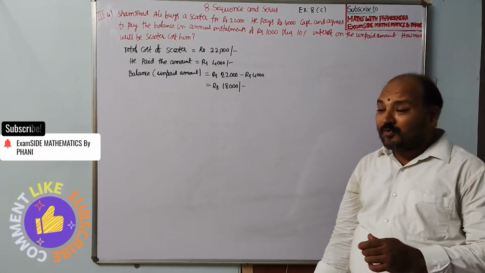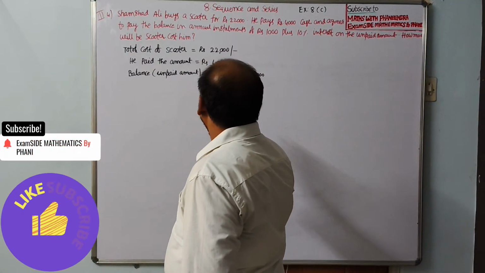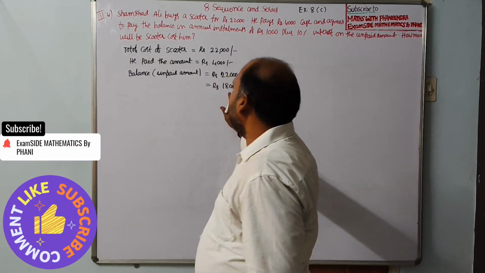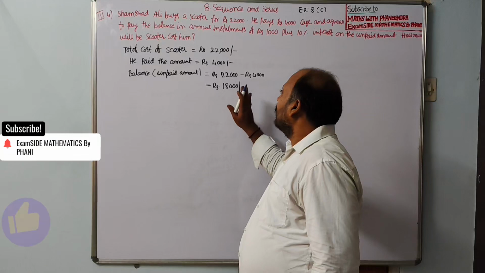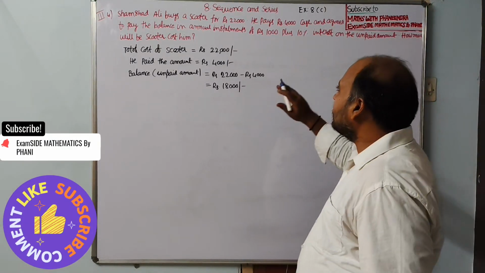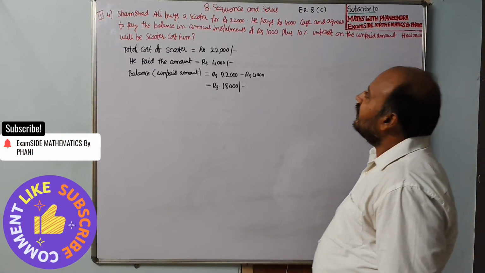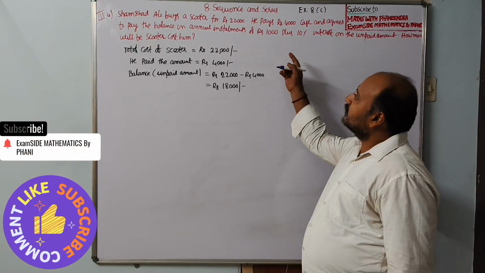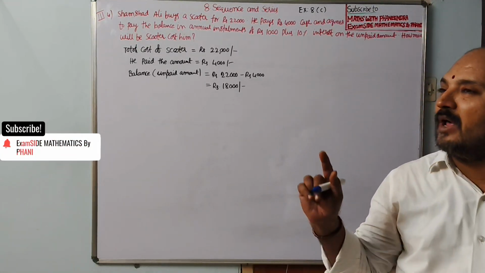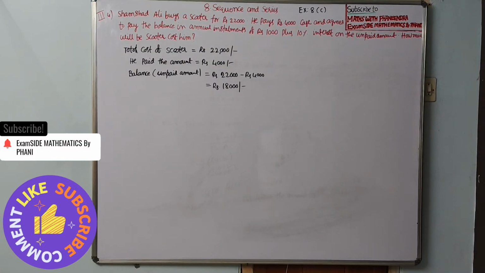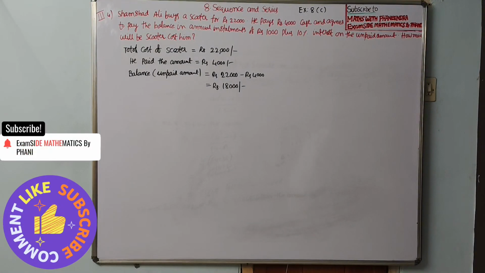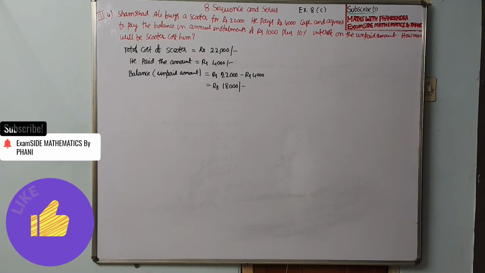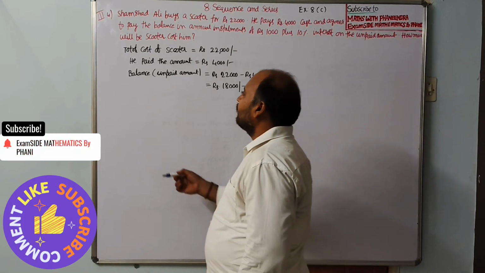Okay. After that, this is the balance amount. Of this amount, how much does he pay every month? 1,000 rupees. Are you able to see these, students? Yes. So 1,000 rupees. How many installments is he going to pay?